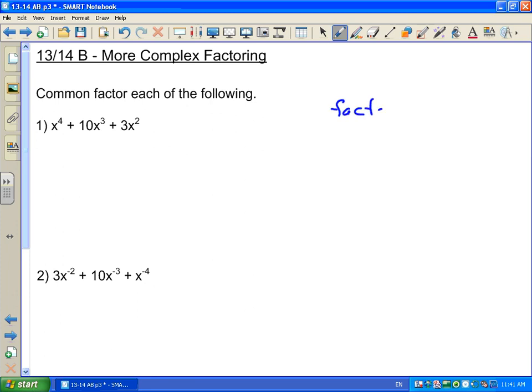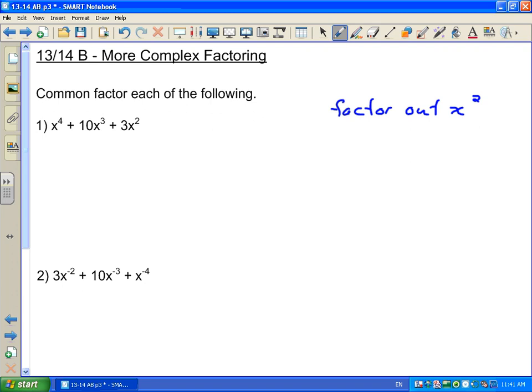So why do we factor out x squared? What is important about x squared? It's common in each of the terms. And how do we know that it's the biggest thing that is common to each of these terms? What does this x squared represent if we compare x to the fourth, x cubed, and x squared? That's not the leading coefficient.